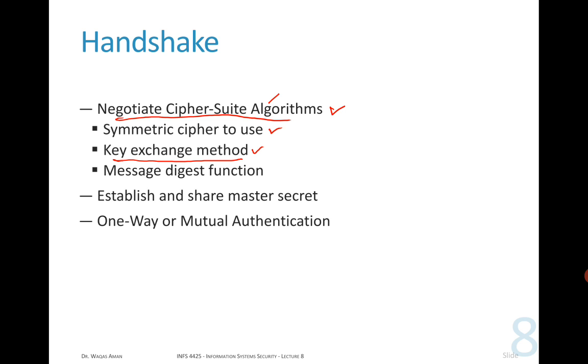The key exchange method means, for the encryption, for the hashing, for the HMAC, we need the keys, right? So how will they be created and how will they be transmitted? It is also being confirmed here. And also which hash algorithm will we be using for the message integrity? It is also negotiated here in the handshake.